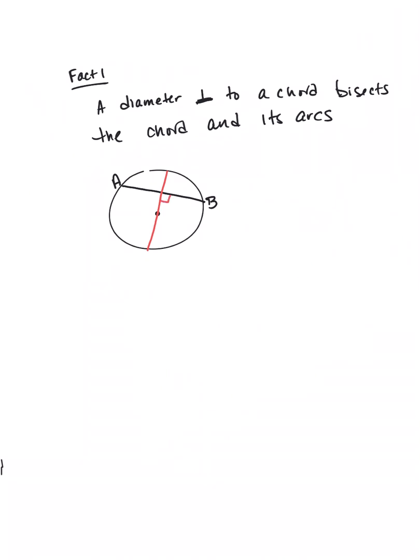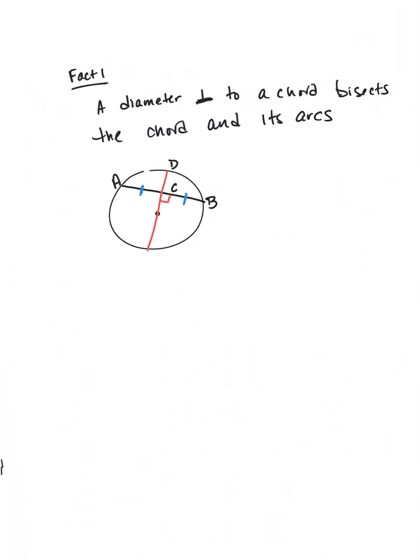Let me call this C, and I'll call this D. By this diameter being perpendicular to that chord, we have segment AC is congruent to segment BC. Eventually when we do proofs, a conclusion would be AC is congruent to BC because a diameter perpendicular to a chord bisects the chord. See? That's how that's going to happen.